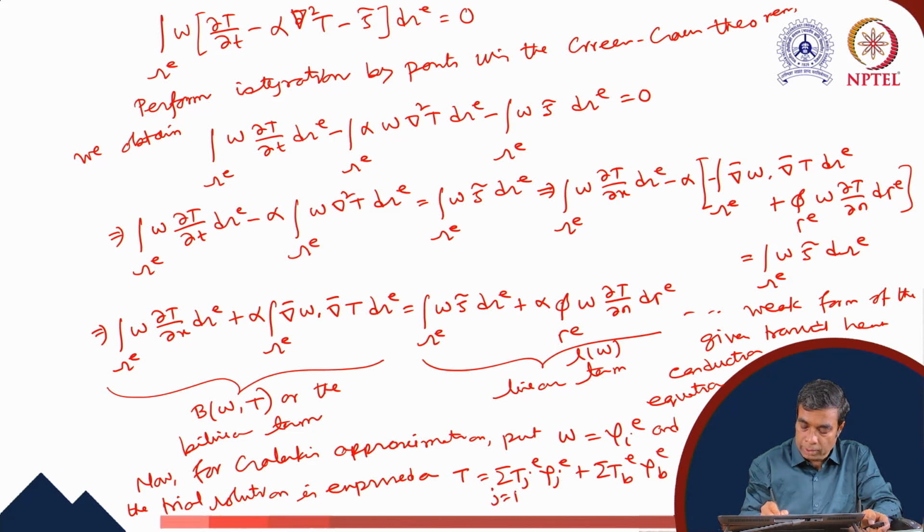Here J equals 1 to NEN. In the second portion we have B belongs to eta g.